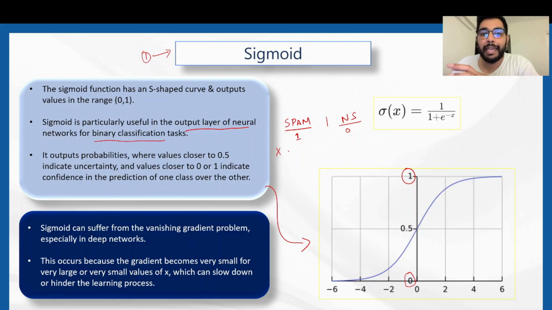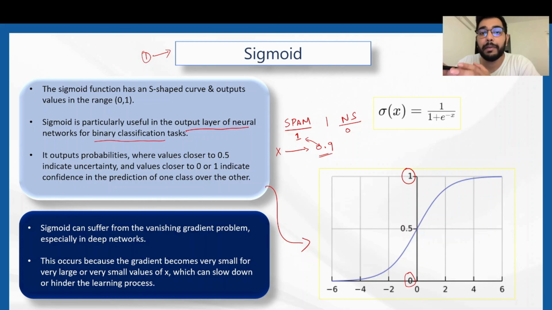During prediction, an email X comes and the probability output from the sigmoid activation function is 0.9, which means that since 0.9 is very close to 1, that is, a 0.9 probability means 90%.